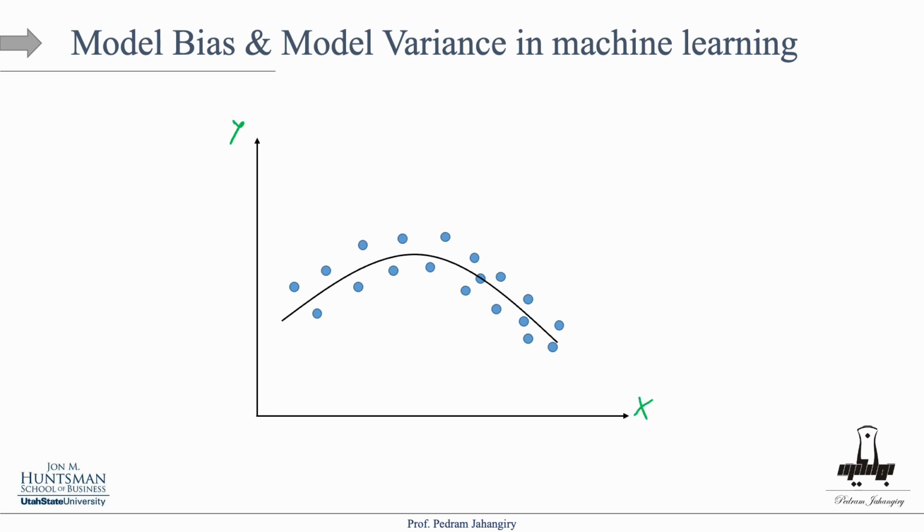The black line is the unobserved true relationship between the feature and the target. Our machine learning model is expected to learn this pattern in the data. And imagine the pattern is just this simple black curved line.